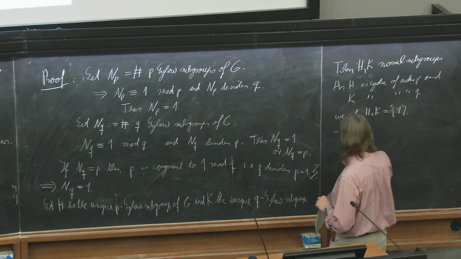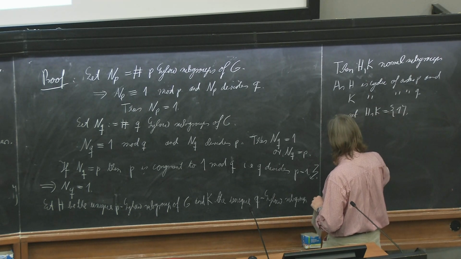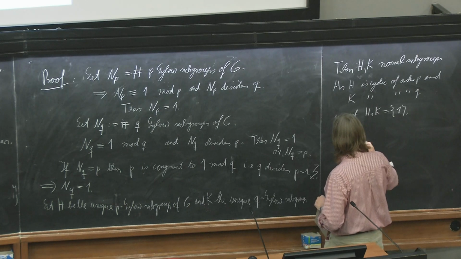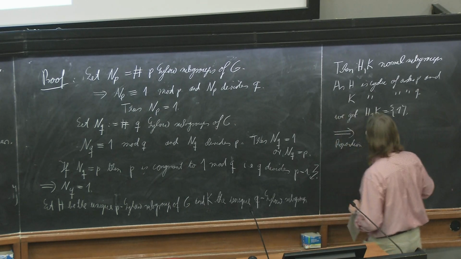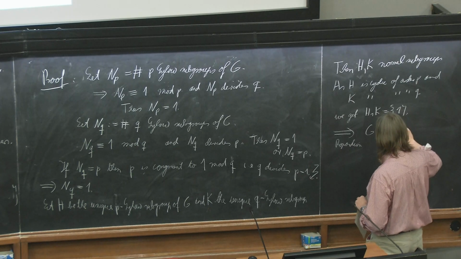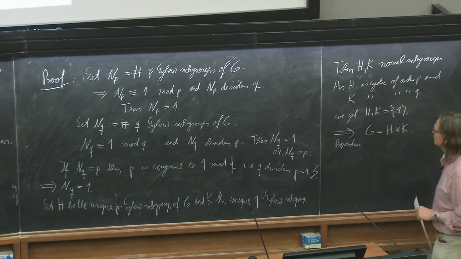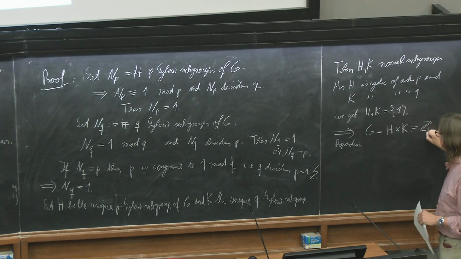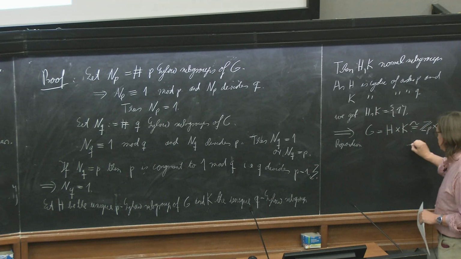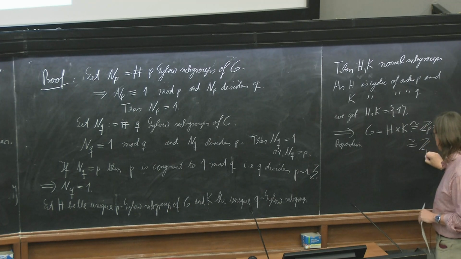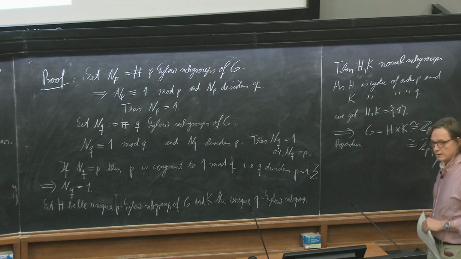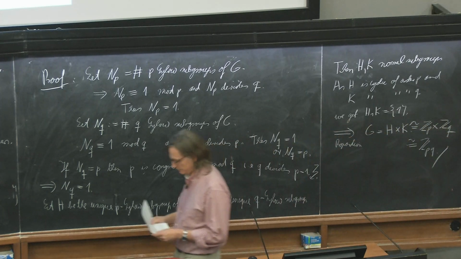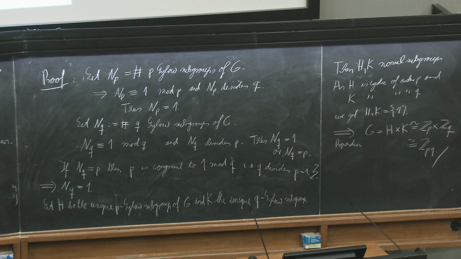So it follows by the proposition that G is isomorphic to H times K. H is cyclic of order P, so this is isomorphic to Z_P times Z_Q, and this is isomorphic to Z_{PQ}. Okay, so this was this.